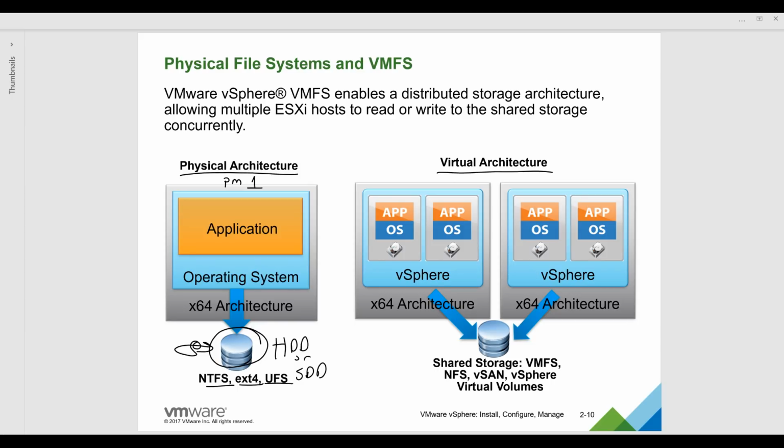On the virtual architecture, we have shared storage. In vSphere, we've got virtual volumes, VMFS, NFS, vSAN. And what that does is provide an interface to storage resources so that several storage protocols, such as Fibre Channel over Ethernet and iSCSI, can be used to access data stores on which the virtual machines can reside.